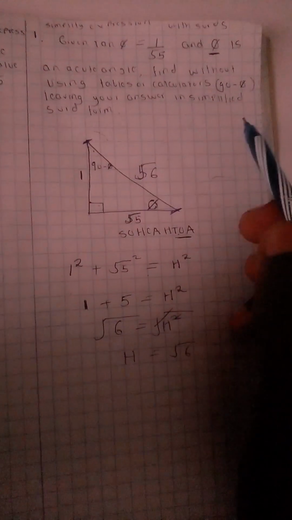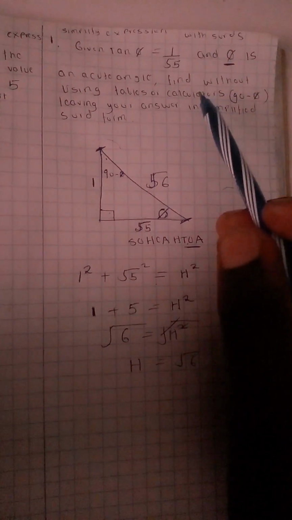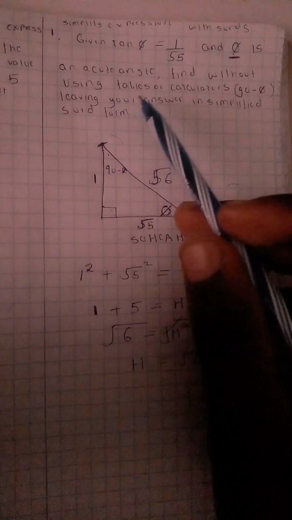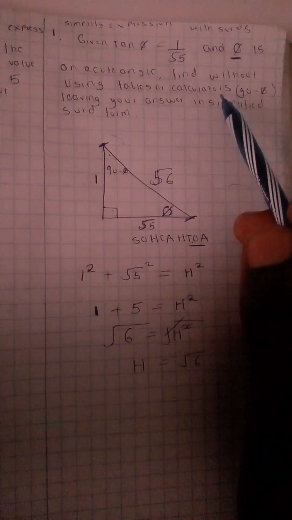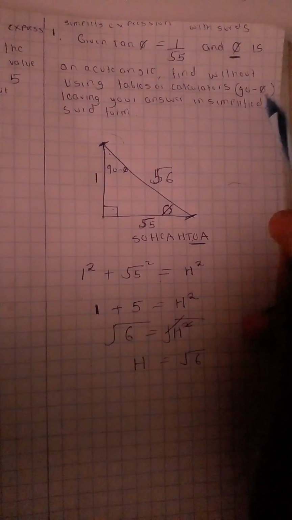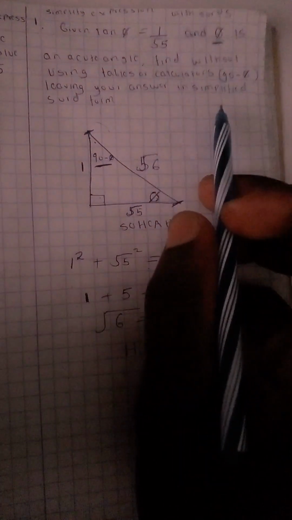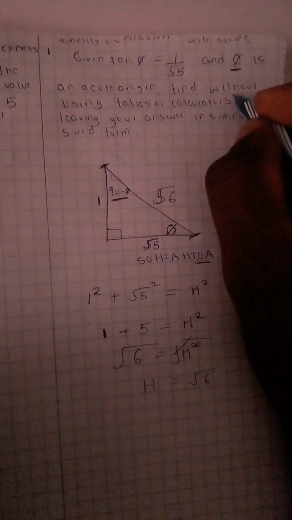And in our question, we are told to find, without using tables or calculators, cos of 90 minus theta, leaving our answer in simplified surd form.